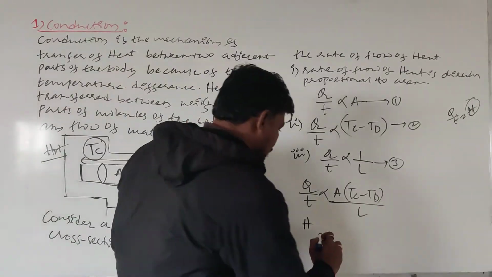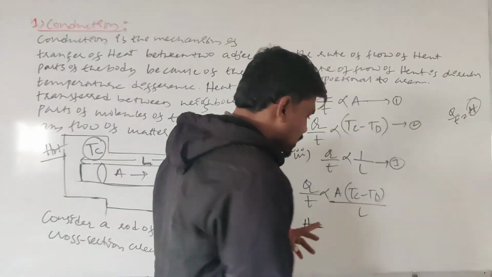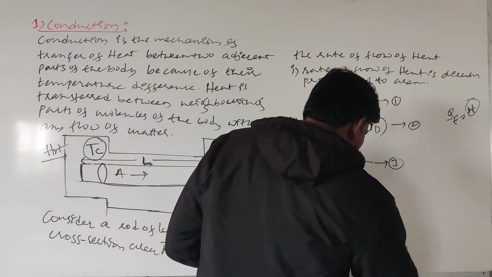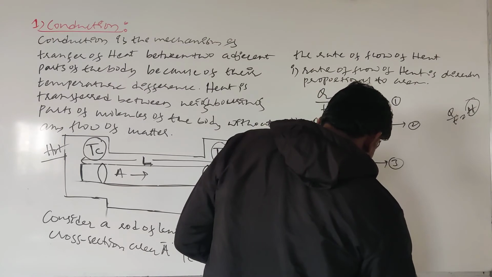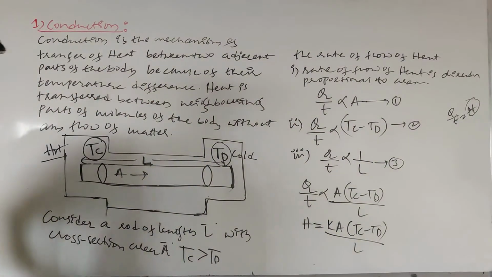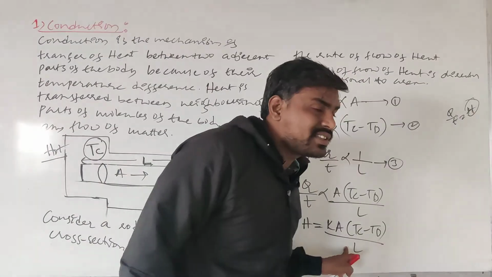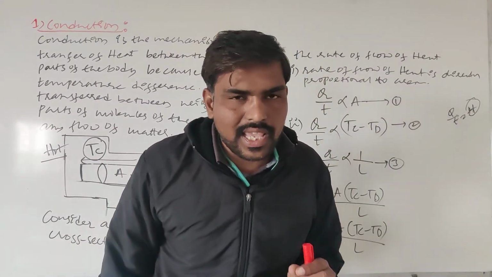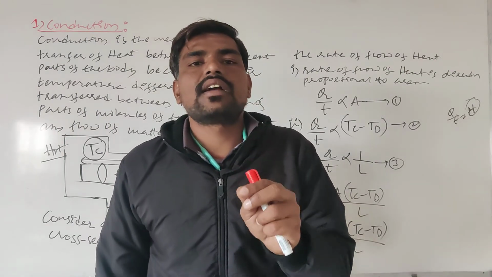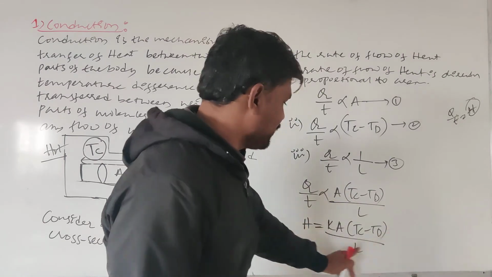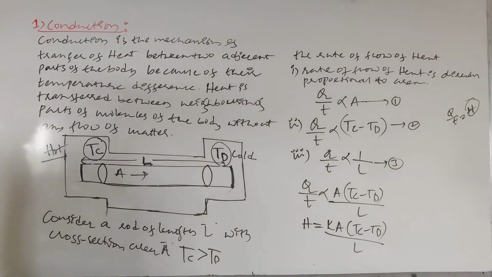Getting my point? So then H is equal to K A Tc minus Td divided by L. Here this constant K is called thermal conductivity. We call it thermal conductivity, right?